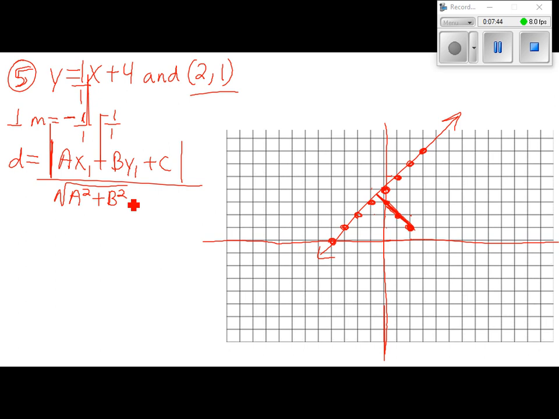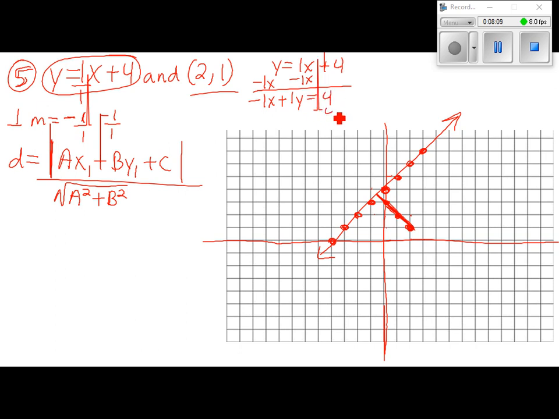Now the bad thing with this is we have to take this original line up here and change it into a form where zero's on one side and everything else is on the other side. So we've got y equals 1x plus 4. We subtract 1x on both sides. We end up with negative 1x plus 1y equals 4.